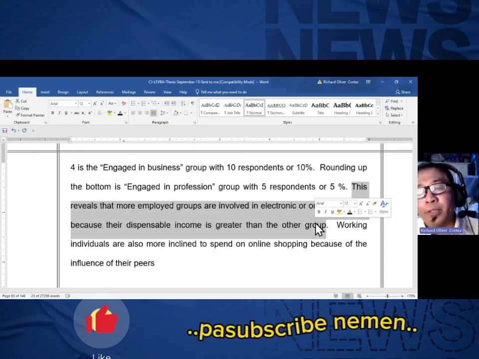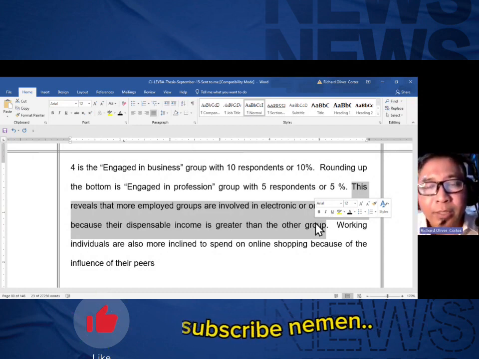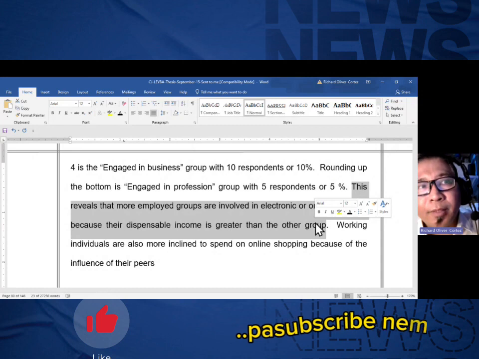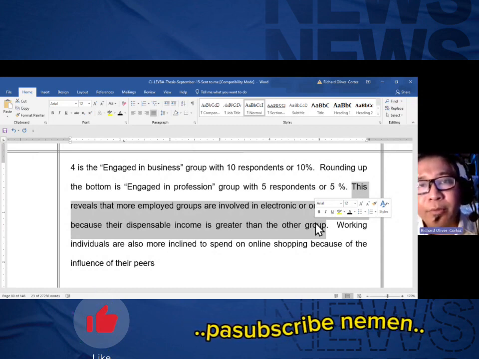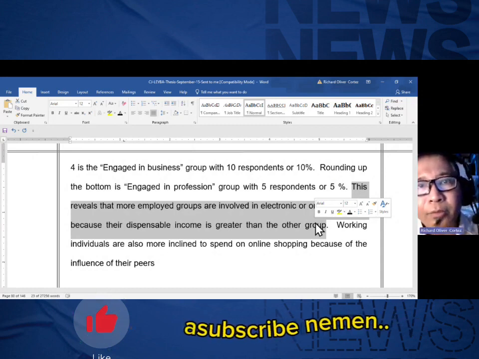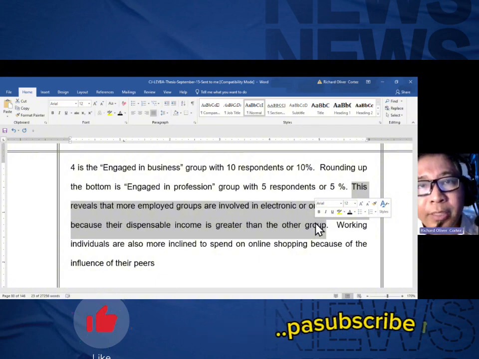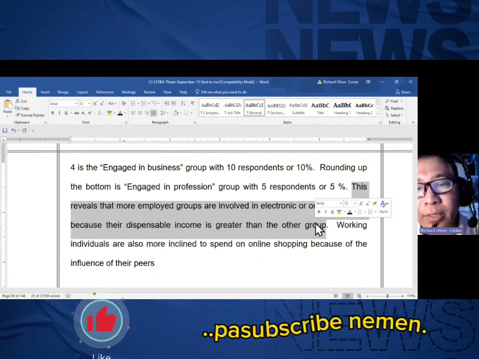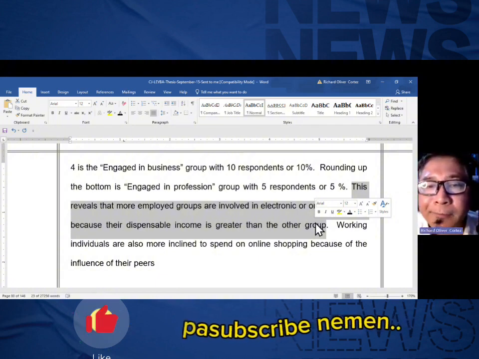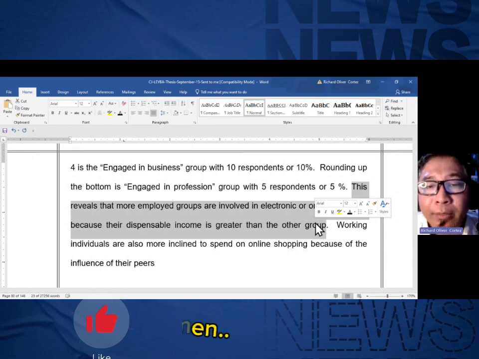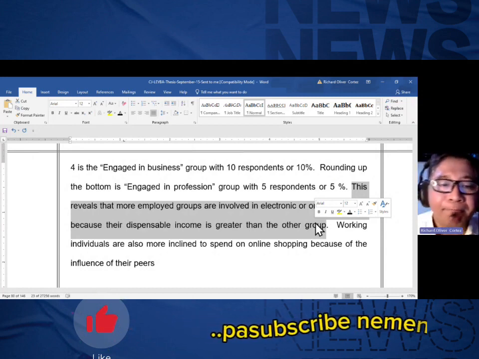Now, if you are not employed or you're just a student, of course you don't have the money to use in online shopping. This is the rationale why the employed are number one when it comes to online shopping.